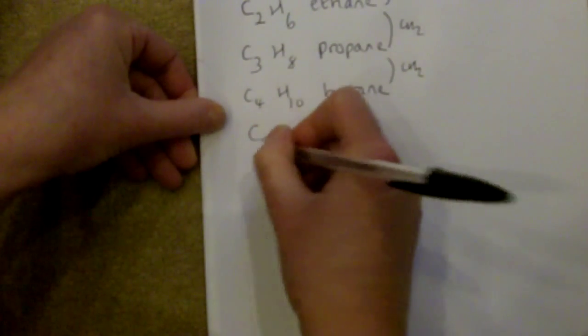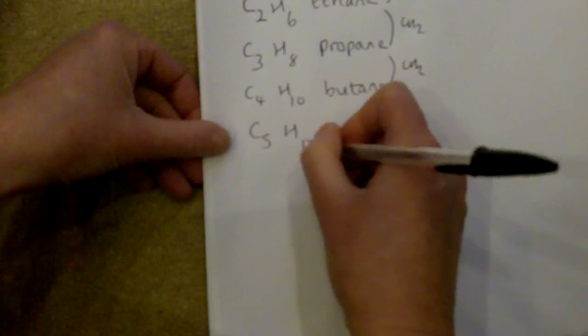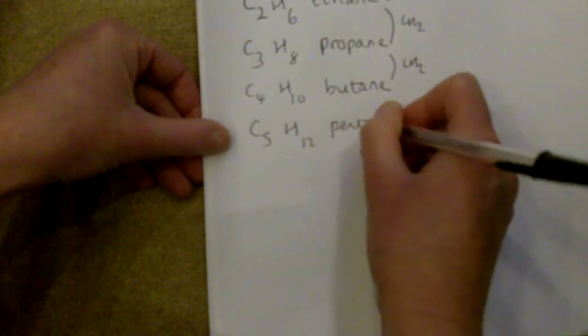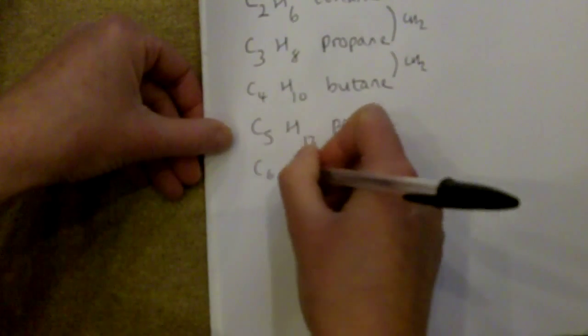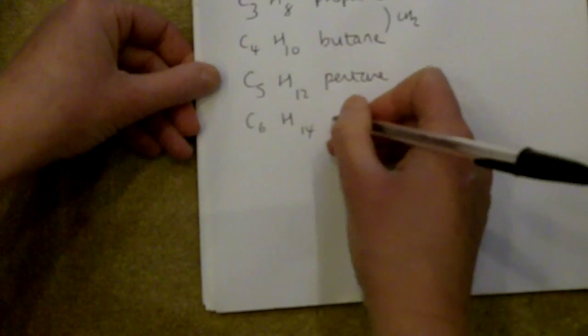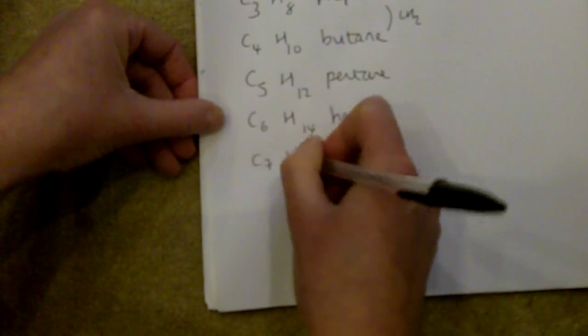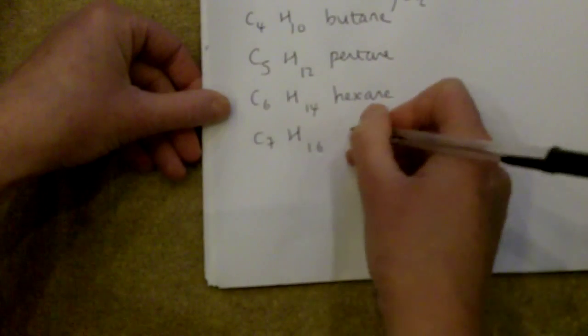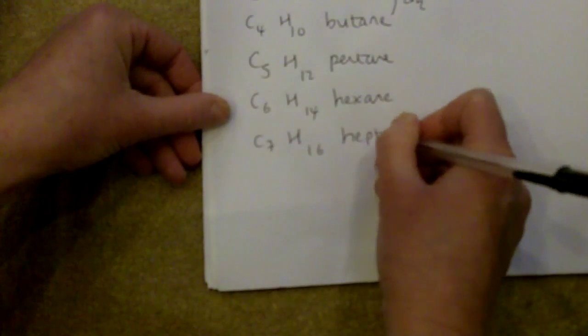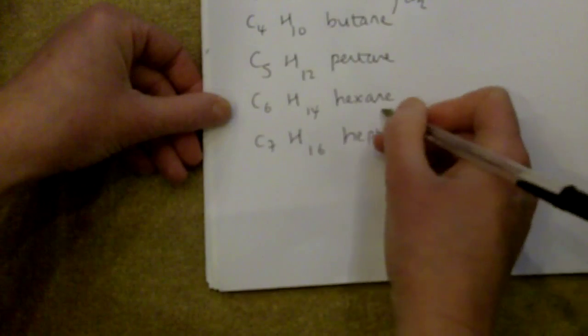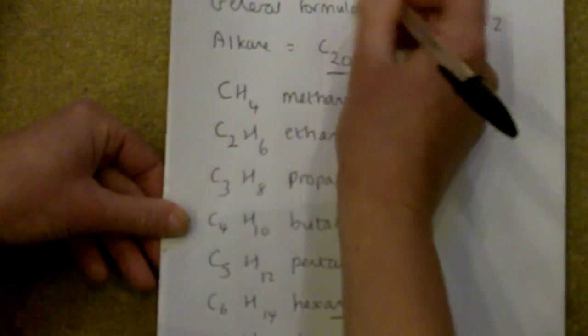And then C5H12 will be pentane. And then C6H14 will be hexane. C7H16 is heptane. They're all ending in -ane because they're alkanes.